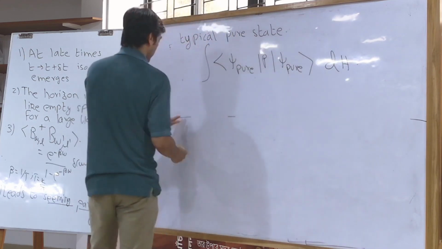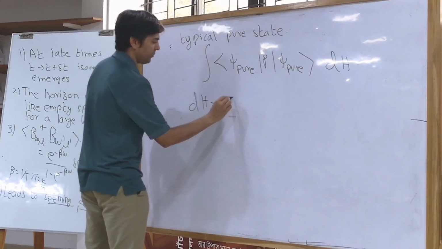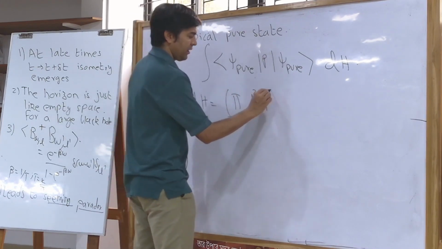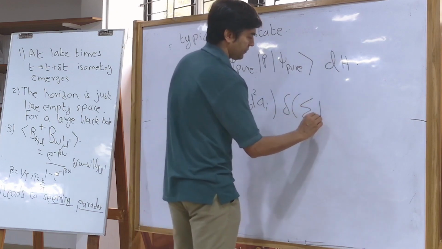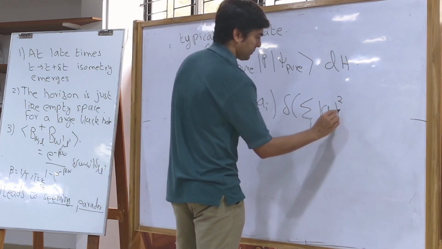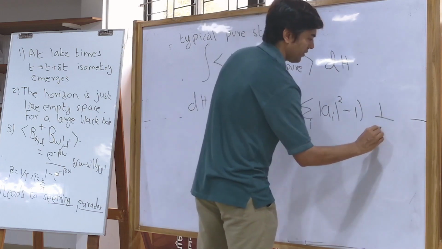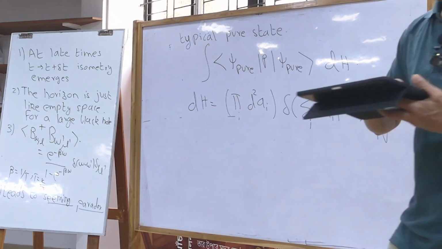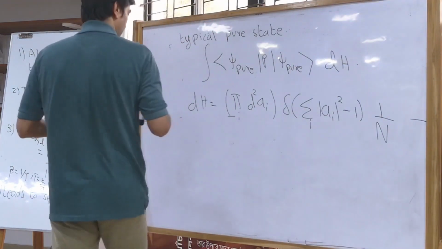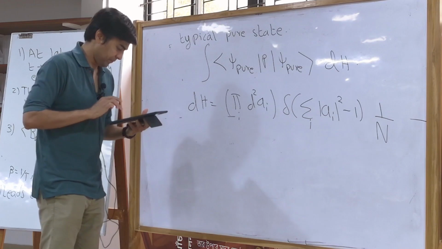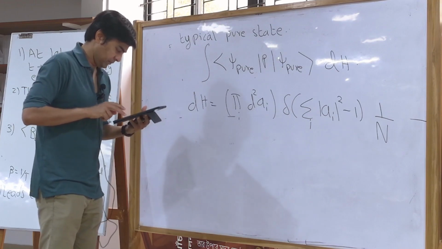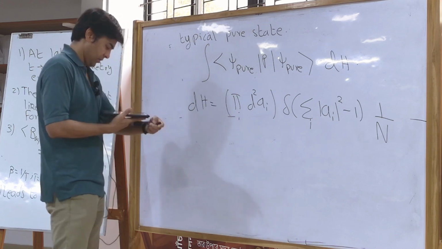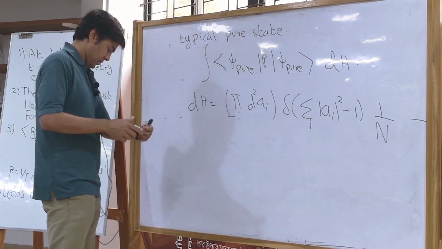And how do you define this measure dh? Well, you just define it to be the product of d2a_i, okay? And then you put a delta function and you put a normalization factor. I'll see if I have the normalization factor in my notes. It doesn't matter actually what the normalization factor is. The normalization factor you put so that the integral of dh is 1. I do have it in my notes.